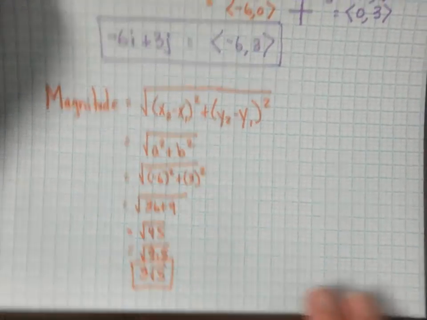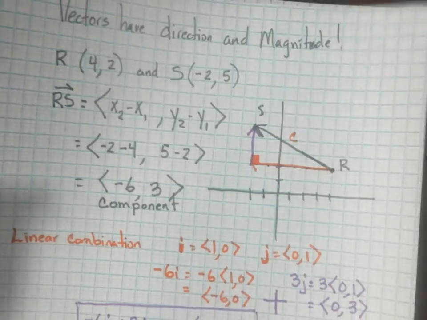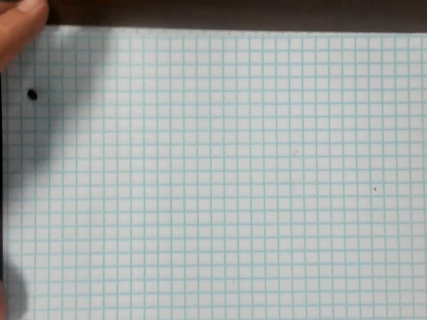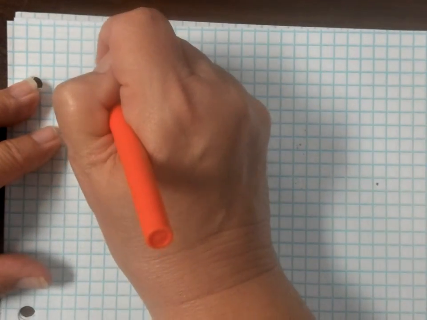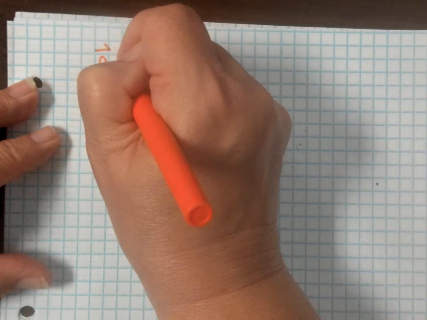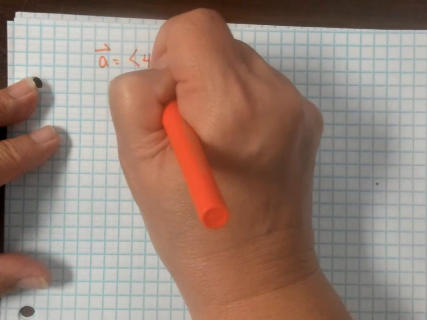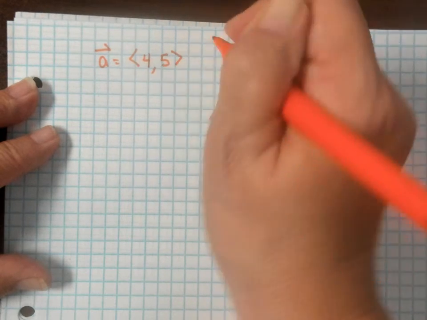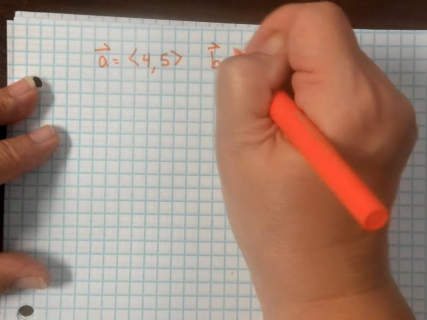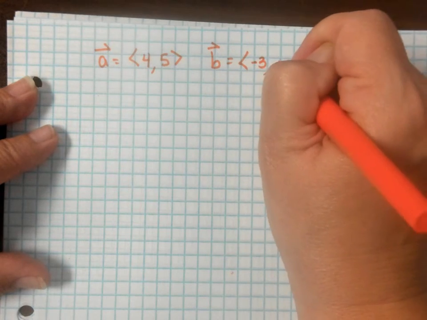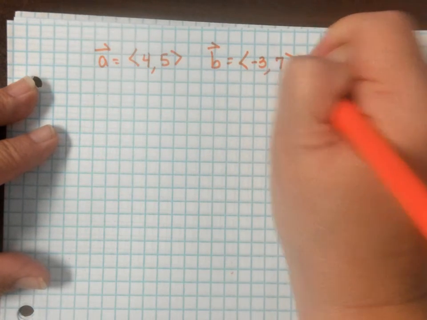Those are the basics. Now, the other thing we're going to look at is vector operations. Pretty basic as long as you just know what to do. So if I have vector A in component form, let's say it's 4, 5, and I have vector B in component form, negative 3, 7.